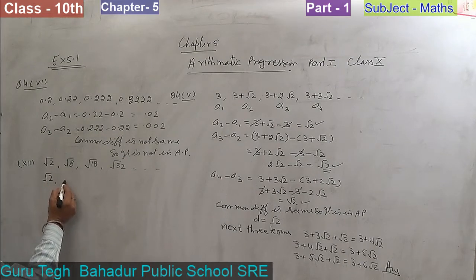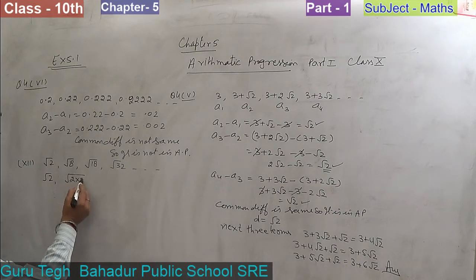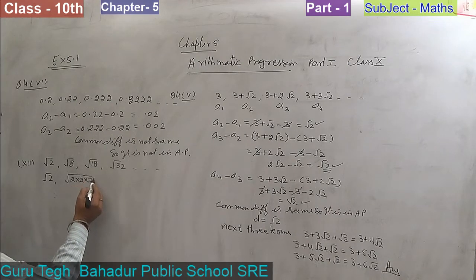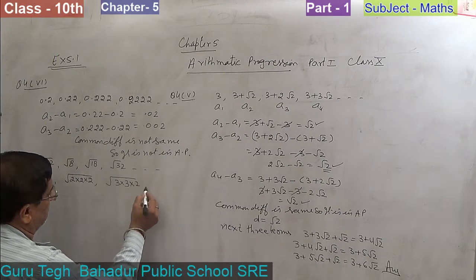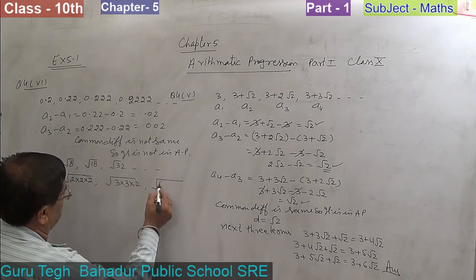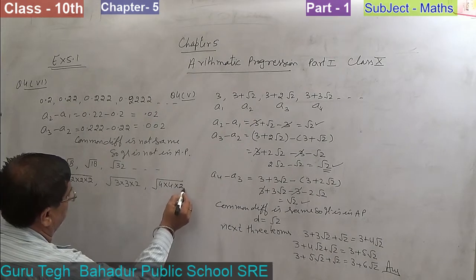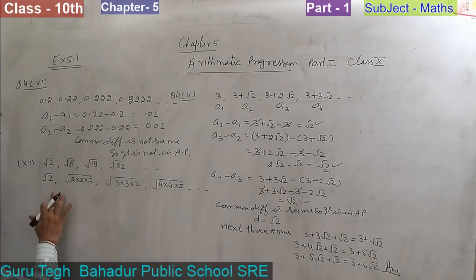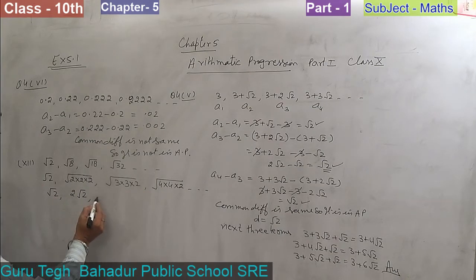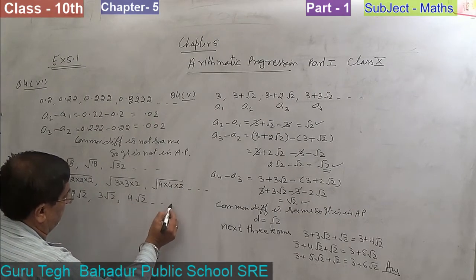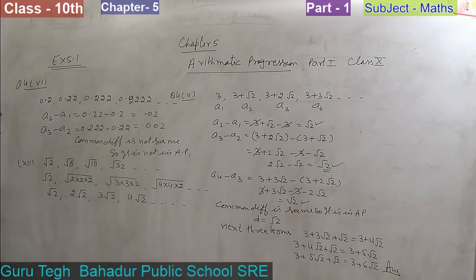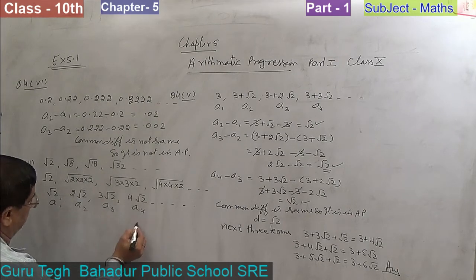So root 2, root 8 is written as 2 into 2 into 2, root 18 is written as 3 into 3 into 2, root 32 is written as 4 into 4 into 2. It will be root 2, 2 root 2, 3 root 2, 4 root 2 and so on. So this is A1, A2, A3, A4.